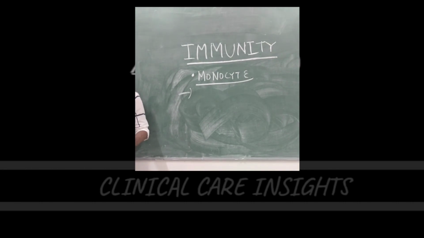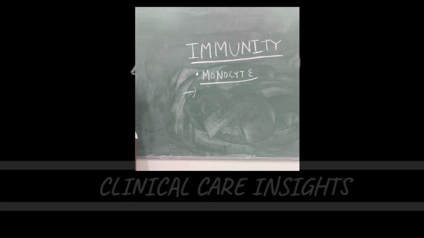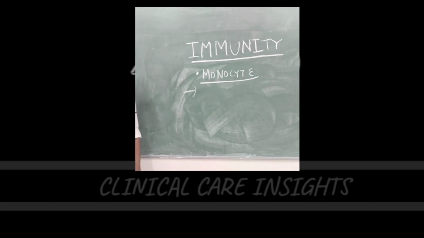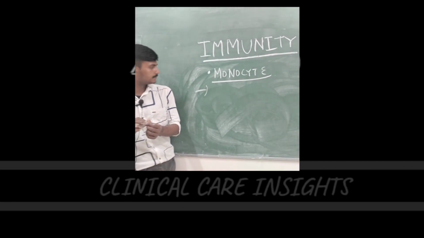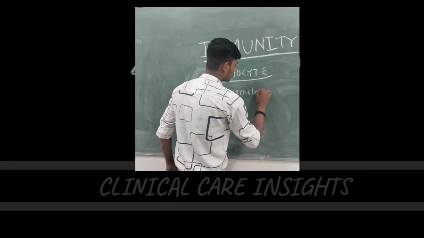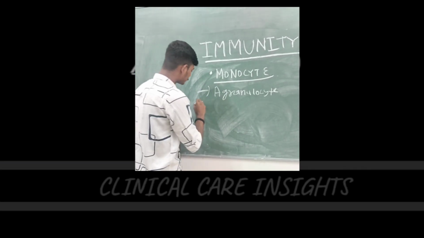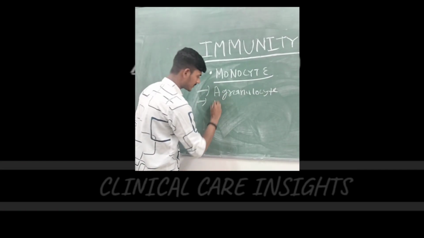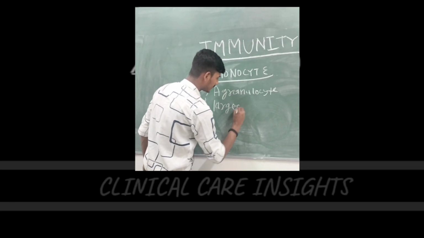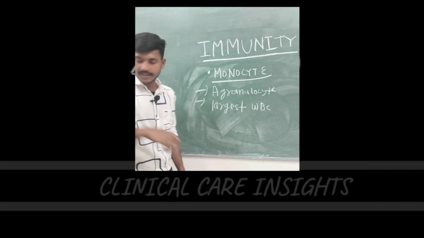These monocytes are not granulocytes, meaning the granules are absent in their cytoplasm. Second thing is that they are the largest WBC, meaning their diameter is large.